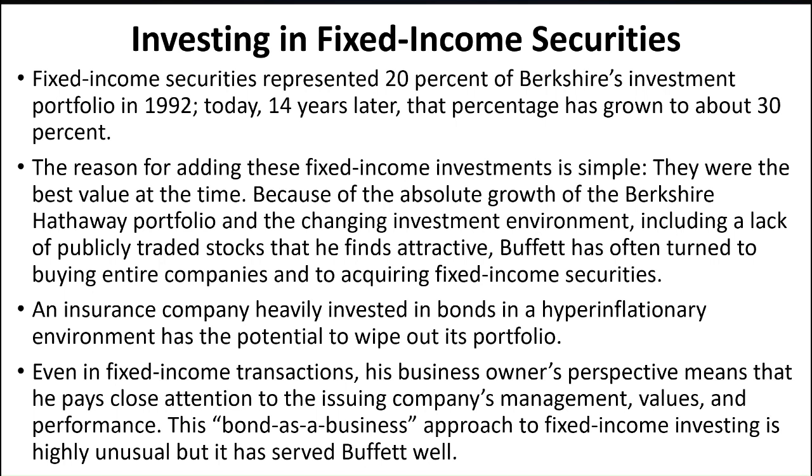So, as it is being said, because there are very few attractive opportunities available in the market, he has shifted his previous strategy of taking some amount of equity to purchasing the entire company or acquiring fixed income securities. These are the two strategies he is adopting of late.